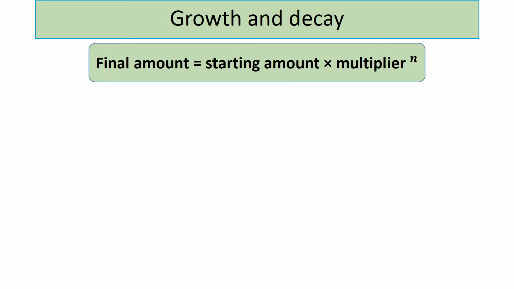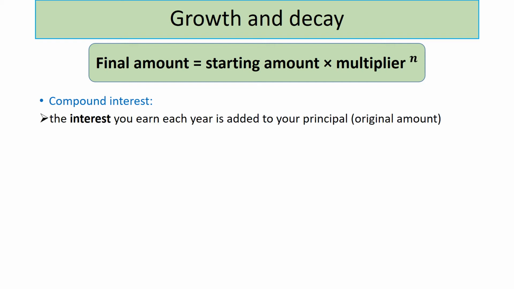I would like us to go through some keywords, again, specifically focus on compound interest. Compound interest is when the interest that you earn each year is added to your principal, and principal is the original amount. So let's say I start off with £1,000.